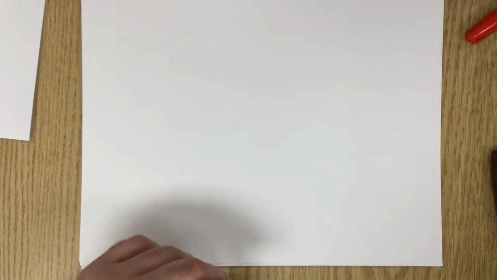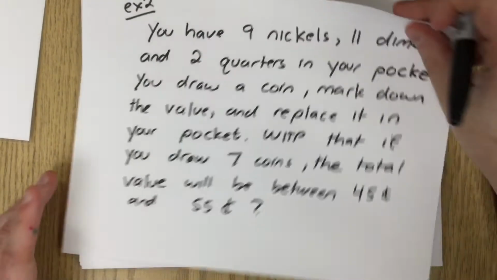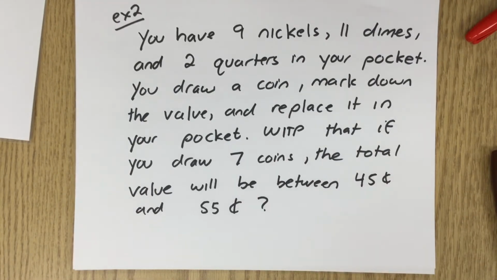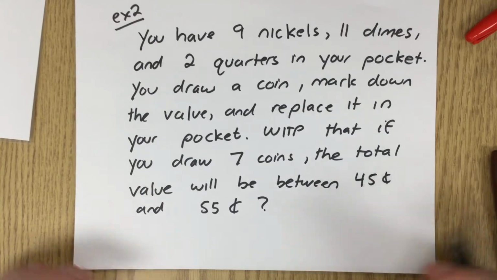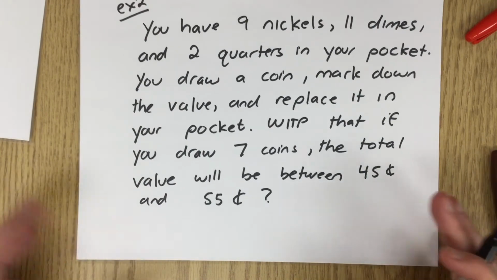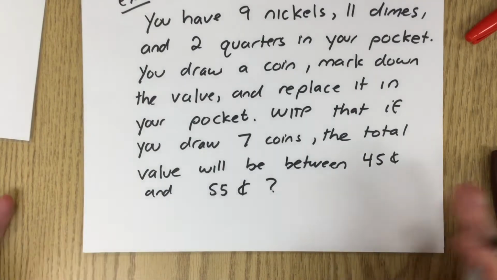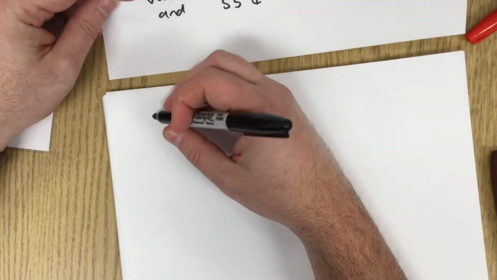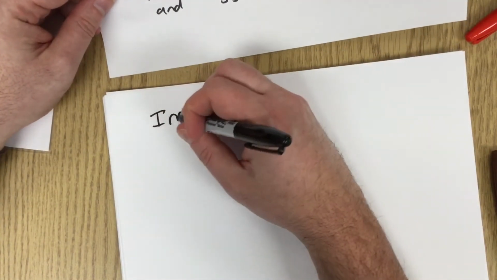Let's do another example. Again, do not write this down. You have 9 nickels, 11 dimes, and 2 quarters in your pocket. You're going to draw a coin, mark down the value, maybe 10 cents, and replace it in your pocket. What is the probability that if you draw 7 coins, the total value will be between 45 cents and 55 cents? Are these independent?